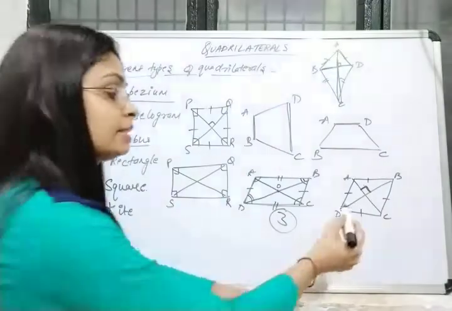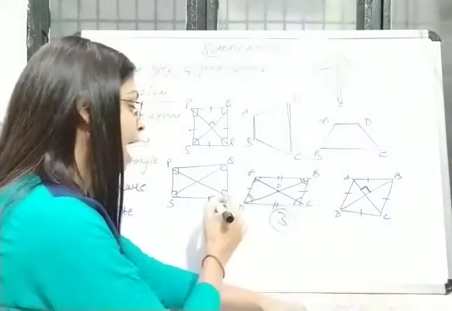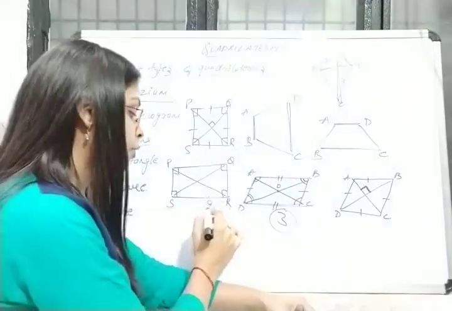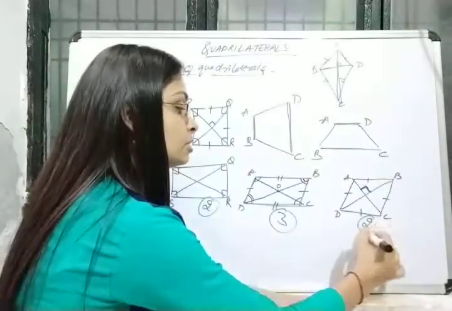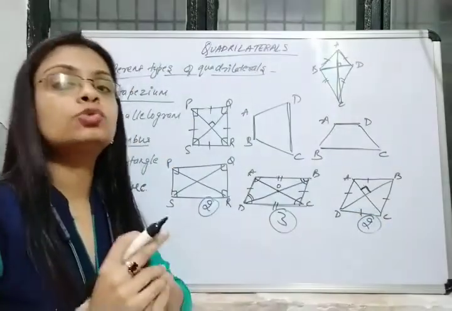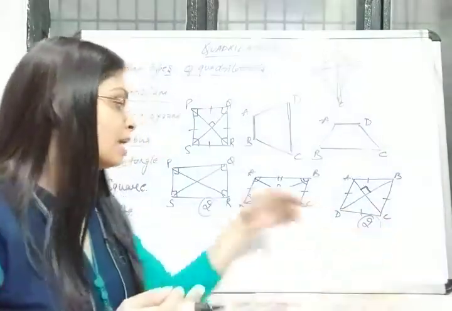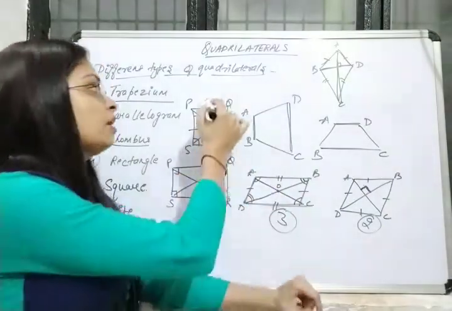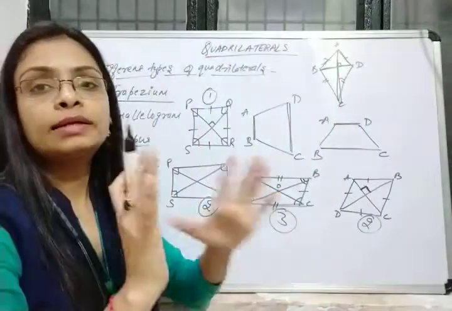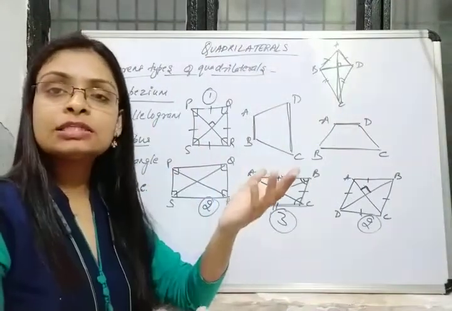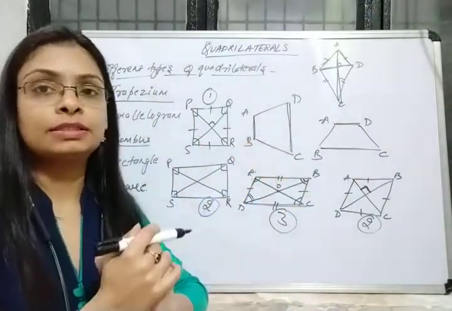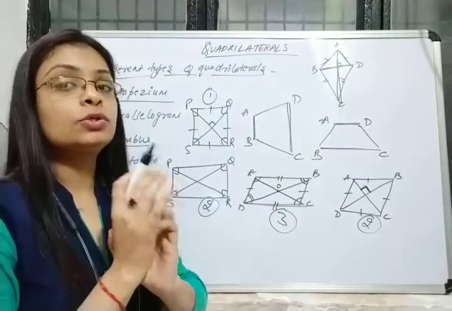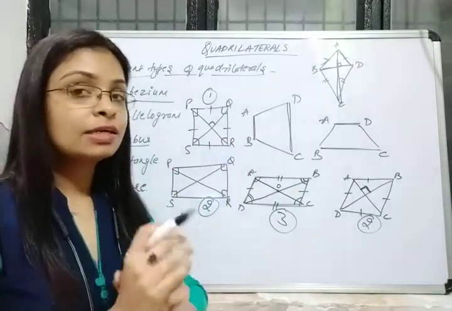For constructing rhombus and rectangle, we need 2 conditions. How many conditions? 2 conditions for constructing rhombus and rectangle. And for constructing a square, we need just 1 condition. And the other conditions we can find out by the properties. Okay, so these are the uses in constructing the quadrilaterals.